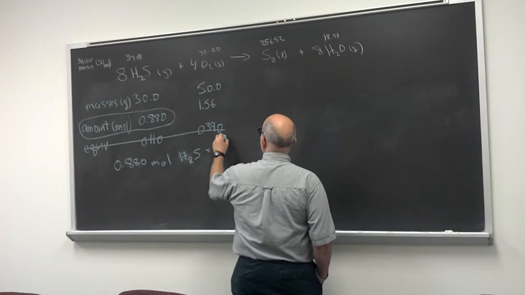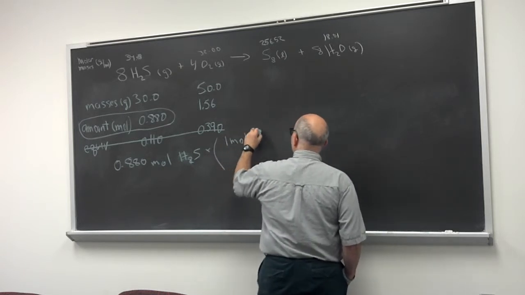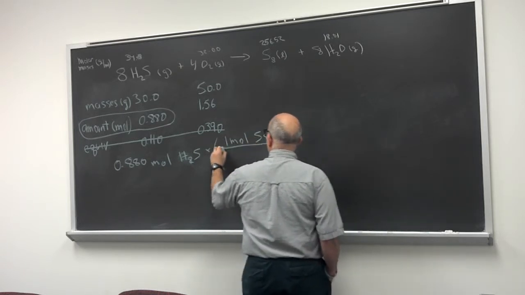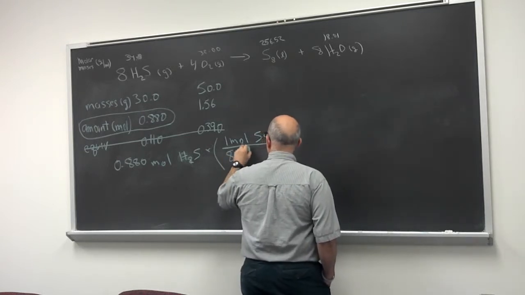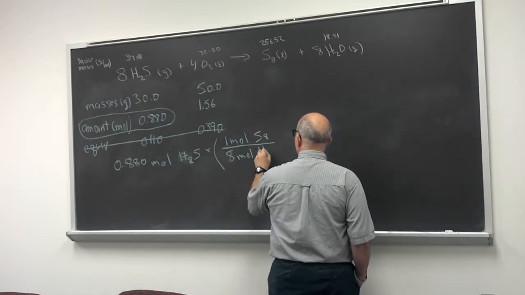The equation tells us that we're going to produce 1 mole of S8 for every 8 moles of H2S that we react.